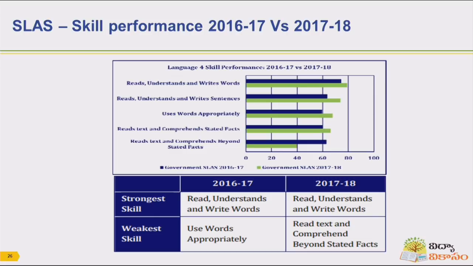But unfortunately, our children are lagging behind in beyond stated facts only. That means children were not able to read a complete passage and draw conclusions. So, we have to focus more on that aspect with respect to reading comprehension.